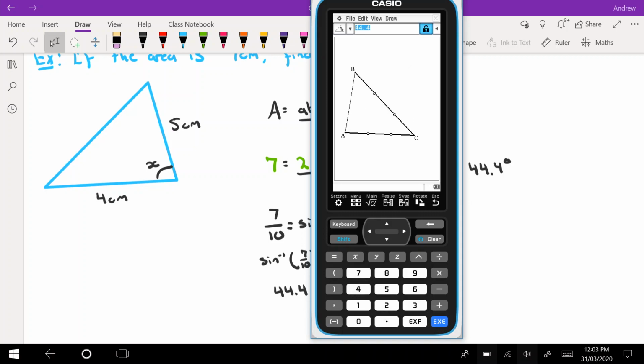Locked in. Well, now that's saying that's 44.4, and now I've got this side is 4, that's 5, 44.4. If I select all 3 sides now, I should be getting to about 7 centimeters squared, and it's 6.9999. Probably because I've rounded my answer for C to 44.4. But you can see what we've got here now, okay?